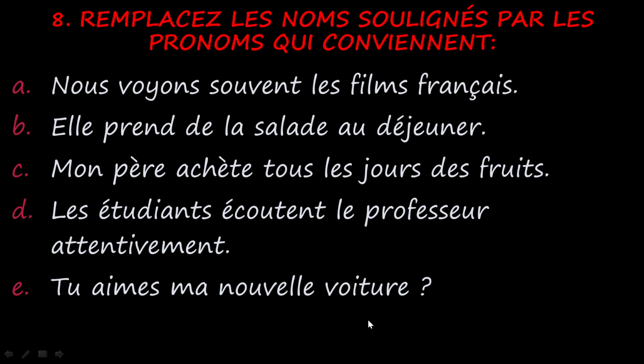Masculine or feminine? It's feminine. So ma, it's feminine, right? So we'll be using la, L-A. Tu aimes. So la comes here. Tu la aimes, but here we've got a vowel. Tu l'aimes. Tu, L apostrophe, A-I-M-E-S.